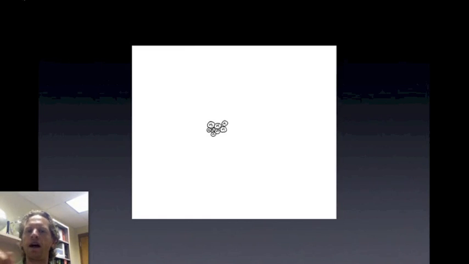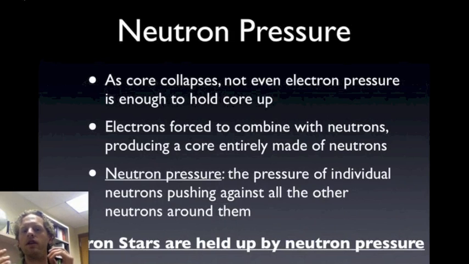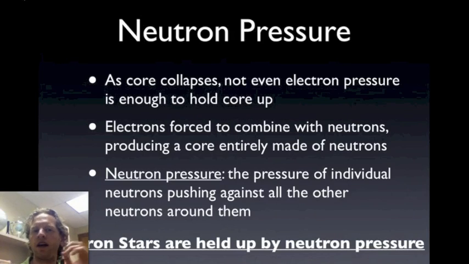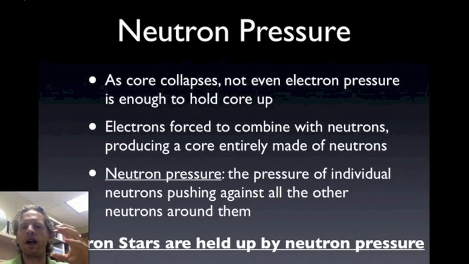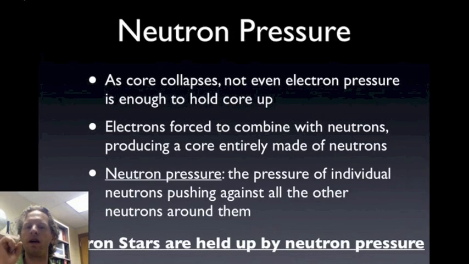It's just very, very tightly packed neutrons everywhere inside that core now. Once all of those electrons combine with all the protons inside of that iron core, all you have left is a very, very dense ball of a huge number of neutrons. Obviously that core is now much smaller than it was before, because you've basically taken away all of that empty space. Now it's simply a huge ball of individual neutrons.